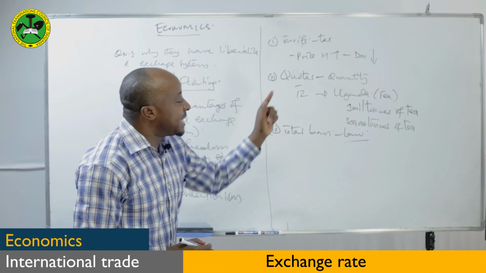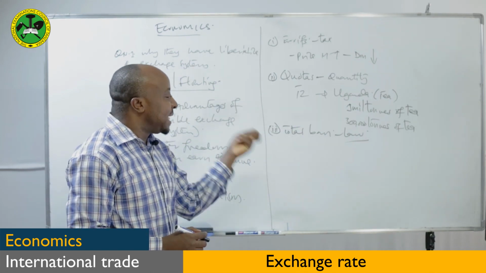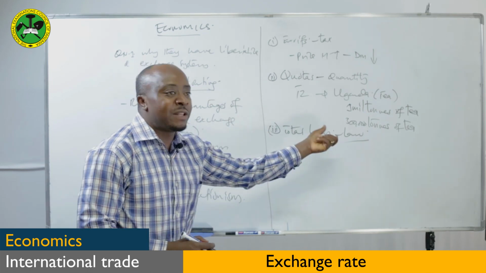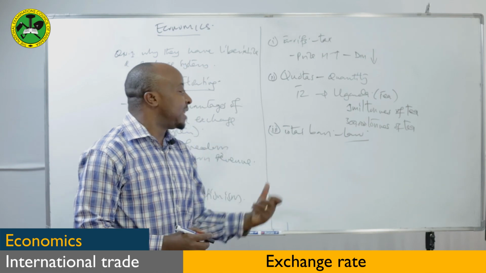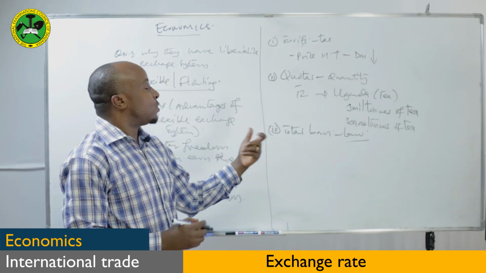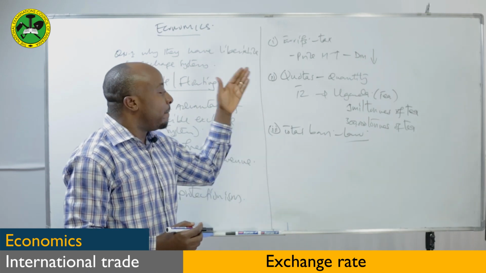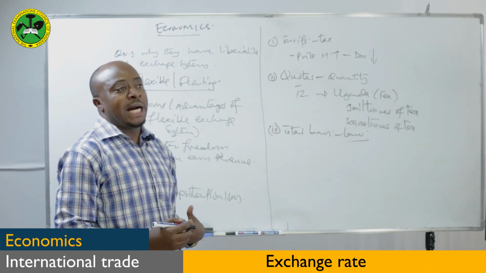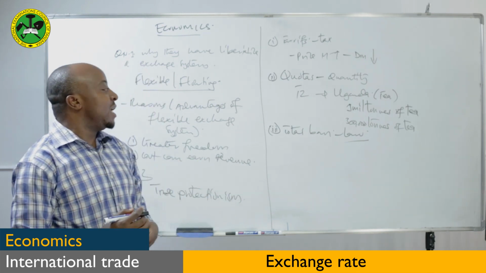That means not limiting the amount or imposing tax. Total ban means completely you prohibit importation of that kind of input, that kind of good. Maybe that good is causing problem in the economy. So by law, maybe through the parliament, you set a law which will not allow those goods to be imported into the country. That means when you say total ban, that means completely a ban of the use of that good.